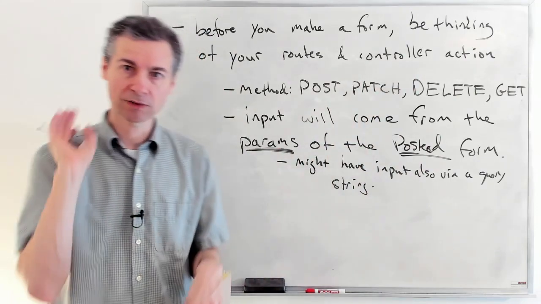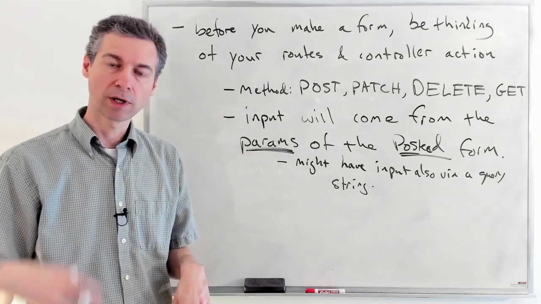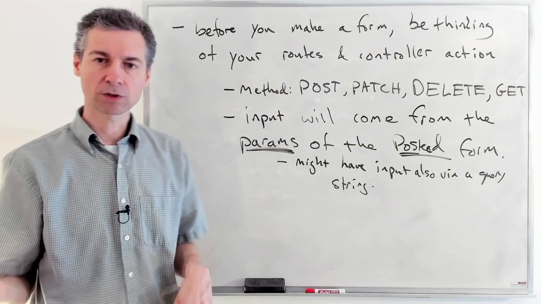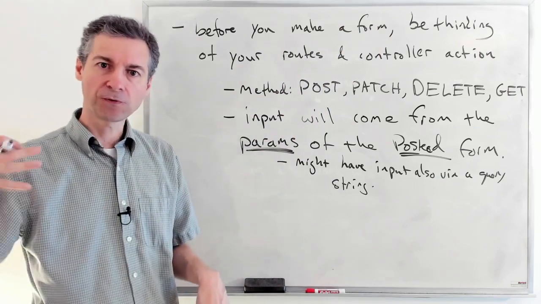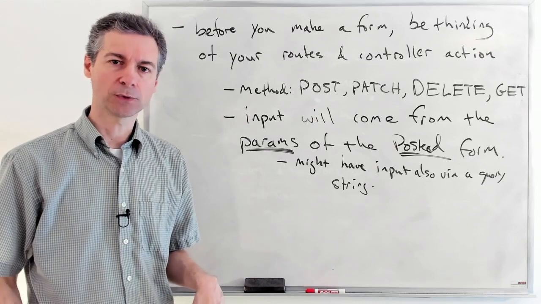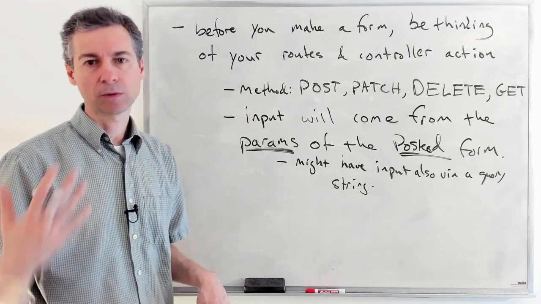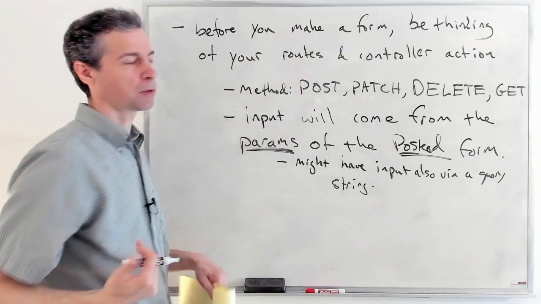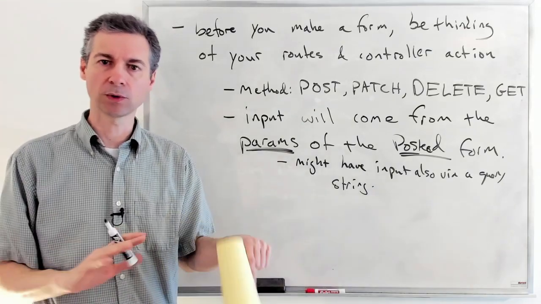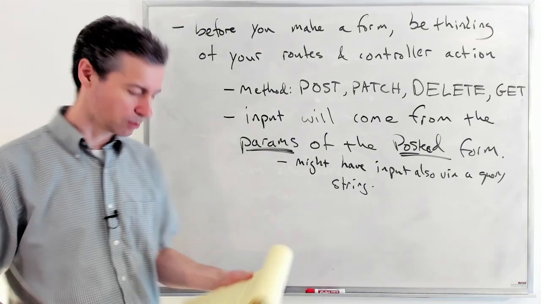The params gives us these name value pairs. You've already thought about what they need to be. You've written your controller. Now get the form on the view to generate that stuff for you. And sure, if you're new to this, you might have come up with the wrong idea, and you're probably going to go back and forth between the controller and view until you get it all worked out and working correctly.